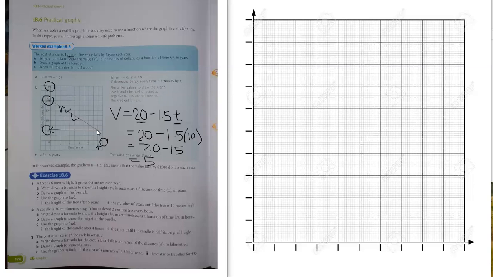After that, straight to 10, 5. In the middle, you don't care about the value because it will proportionally decrease. So this is the graph. Basically, this is how we draw the graph. You have to start with 20 because the original price is 20,000. Then after 10 years, it becomes 5. Okay, so you just have to draw this straight line.